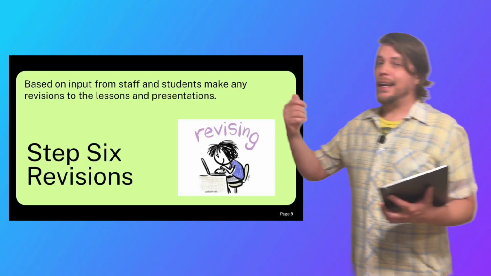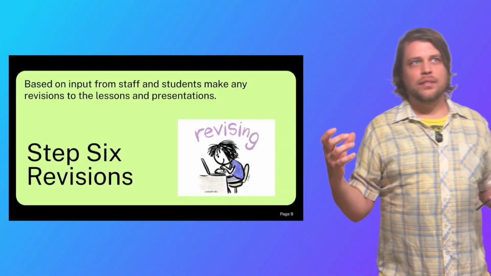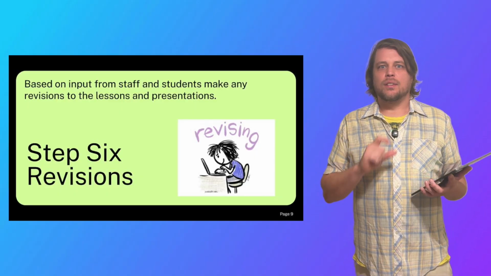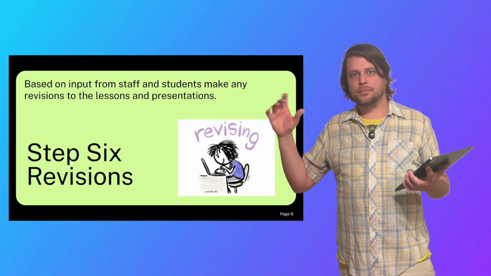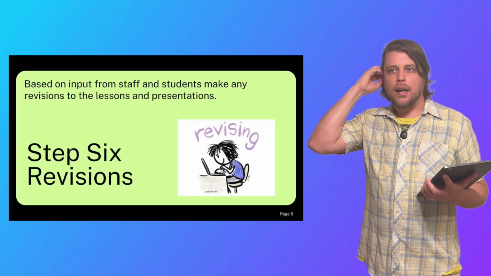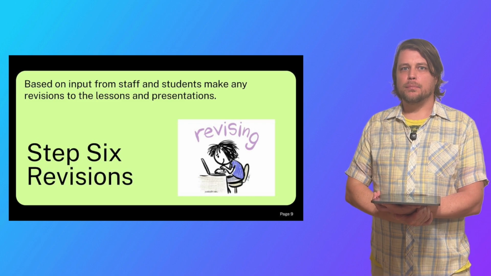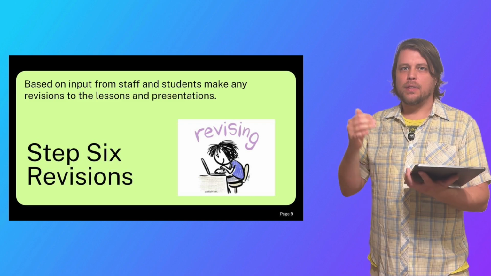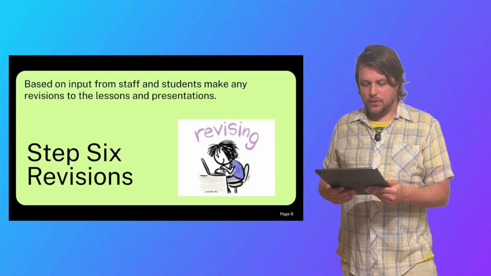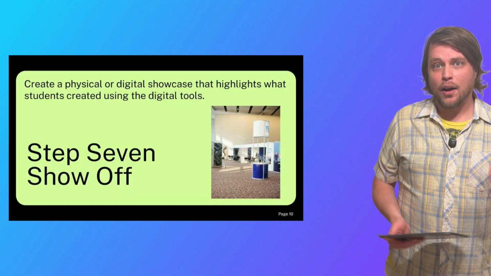Oh, this engaging activity worked so well with this class, or most students, but maybe it didn't work with a particular class or a subset of students for some reason. So take those things into account and maybe make some changes. Add some scaffolding, or think of other things that could be done to make the lesson more accessible to all the students. And finally, step 7, it is time to show off.